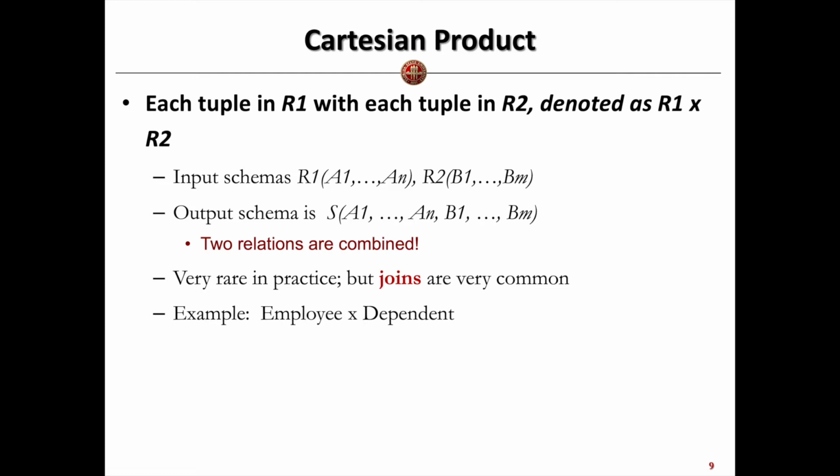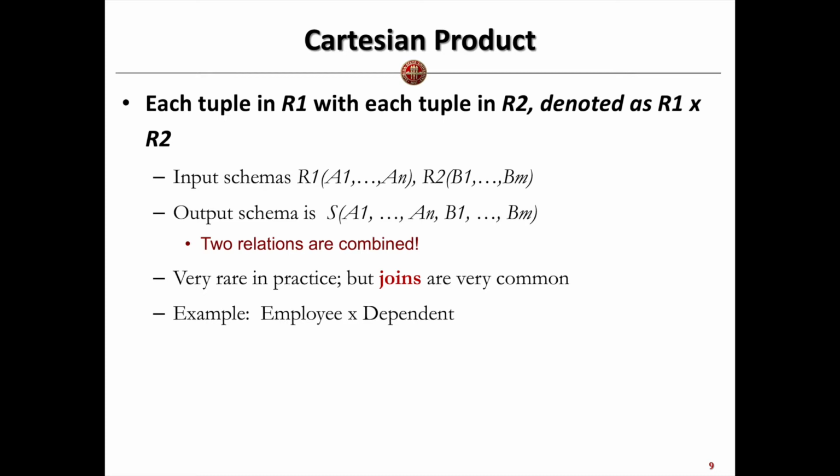However, what about the schema of the output relation? We can formally represent the schema of the product between R1 and R2 as S. S is the output relation, and it has A1 to AN and B1 to BM as the attributes.